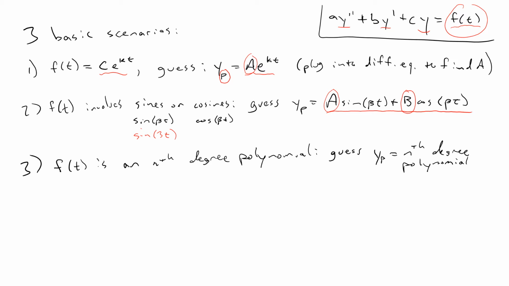The third case, same idea. If the right-hand side is just an nth degree polynomial, then it makes sense that the solution is probably also going to be an nth degree polynomial. So we make a guess. For example, if it was a second degree polynomial on the right-hand side, then maybe I would guess that my particular solution is also a second degree polynomial.